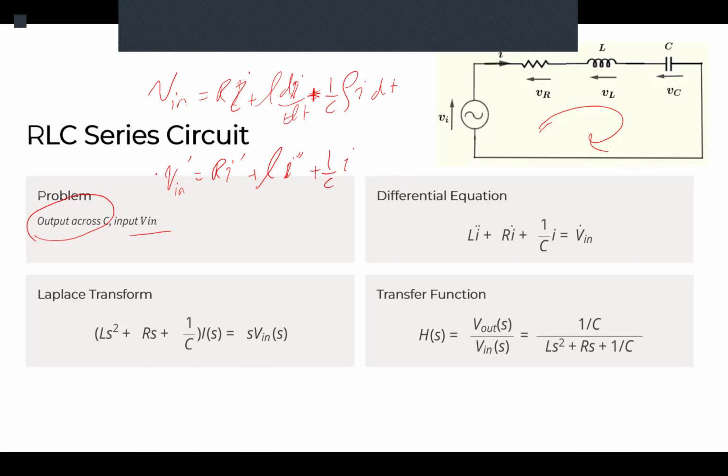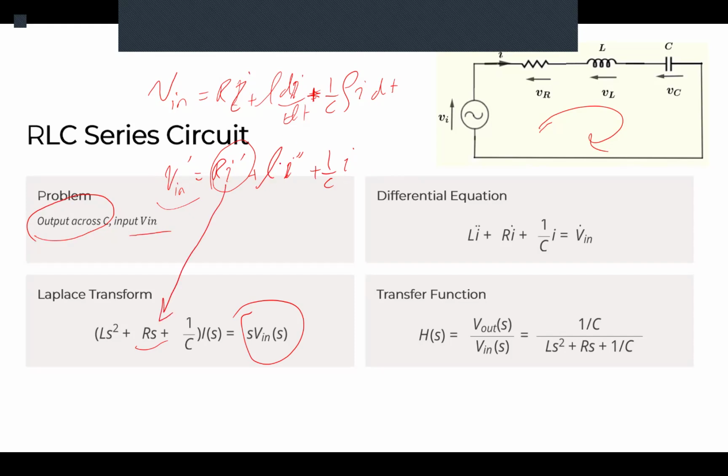If we run a Laplace from that, this one becomes S V in. This one becomes RS times I here.